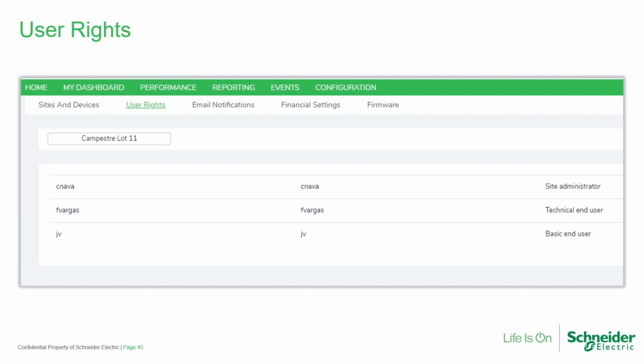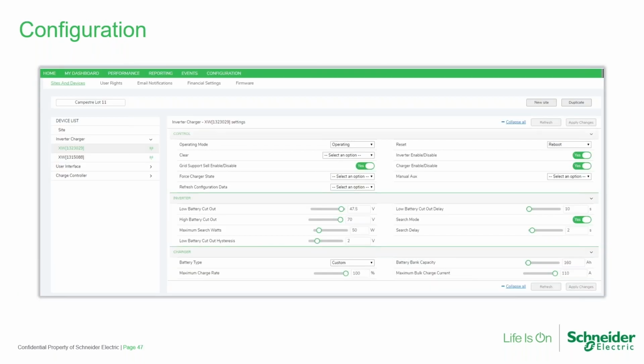Then we get to the technical end user, who can see everything, can see the graphs, can use the analytics, can download reports, can see the settings, but cannot make any changes. And then we have the basic end user, who simply gets to see the information and doesn't make any change.